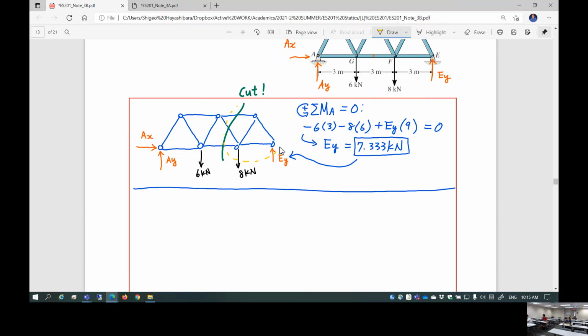I'm going to pick up this segment, the cut member free body diagram. What I want to know is basically this and this and that, so I carefully cut through those three members. Now I'm going to try to draw a very accurate sketch.